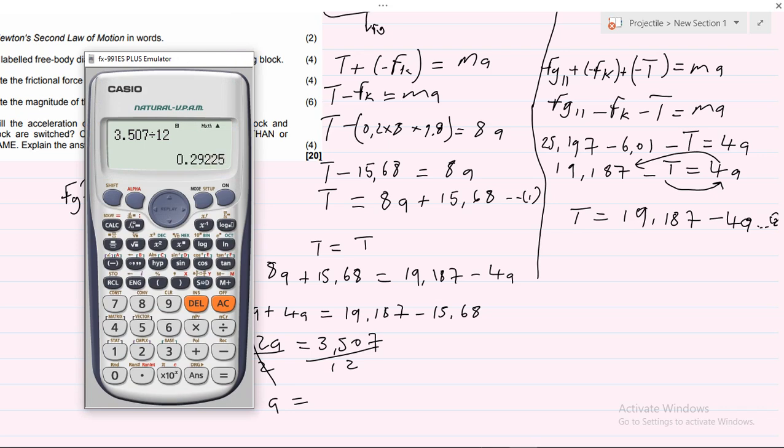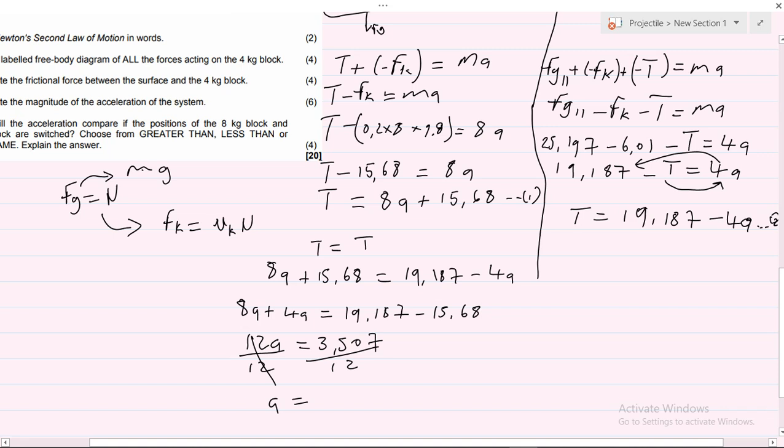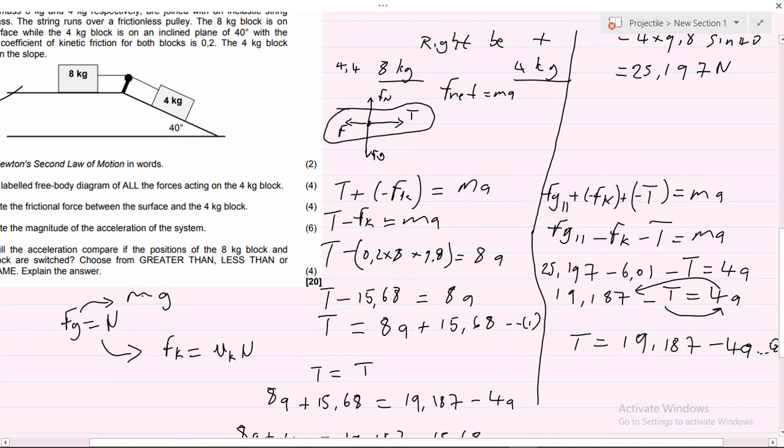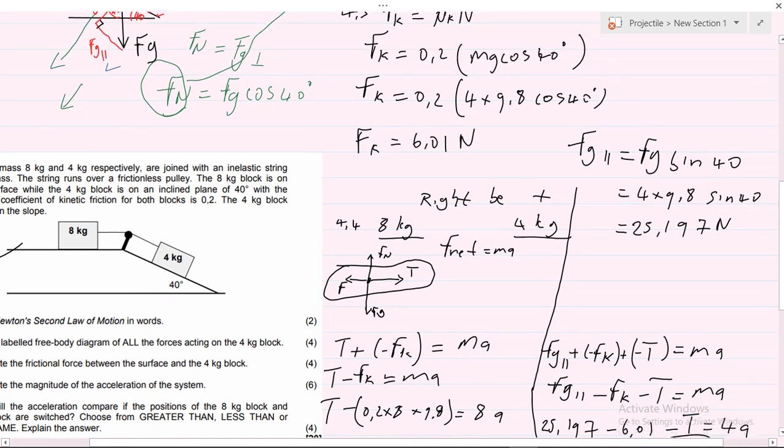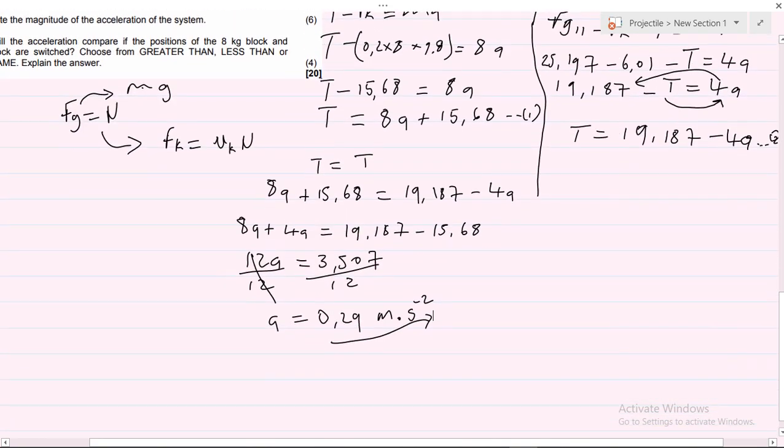It gives us 0.29 meters per second squared. That's it. So 6 marks we must get, ladies and gentlemen.